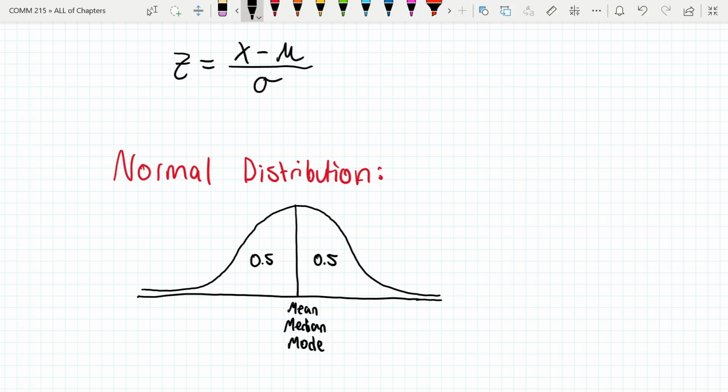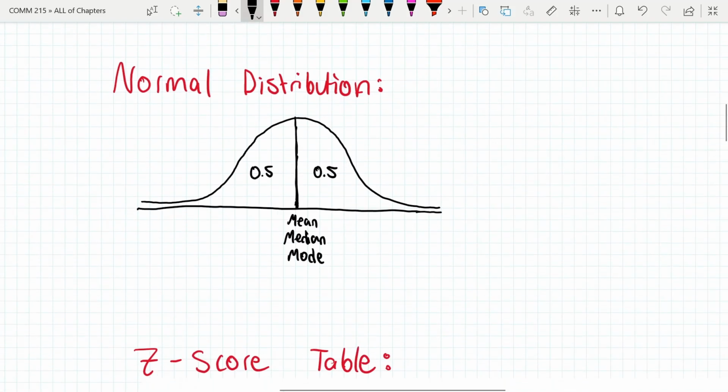If you ever draw one for a question, make sure that the middle line is your mean. Throughout the whole chapter it's going to be your mean, so you can write the mean there. I'll describe more things about the normal distribution as we go down.